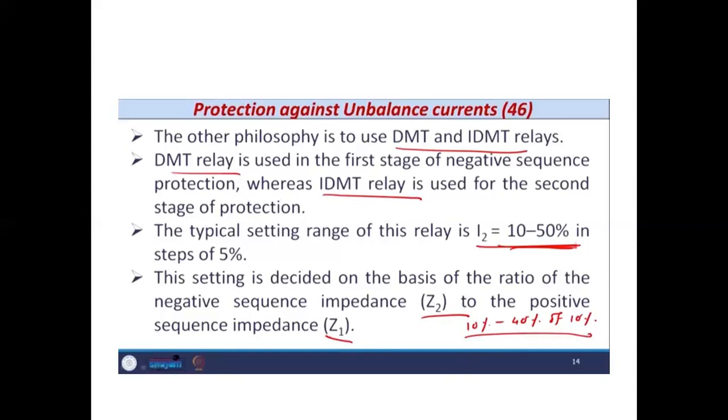In this case, the setting range given is 10% to 40% in steps of 10%. Okay, so this is for which relay? 46 relay, and the earlier range is for DMT or IDMT relays.